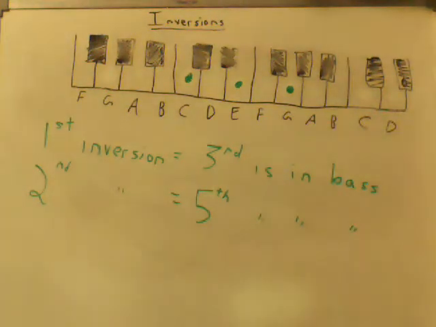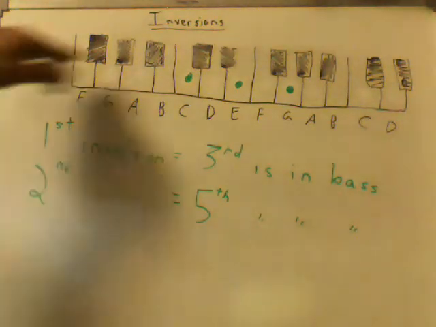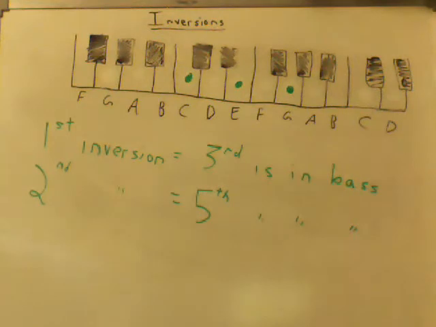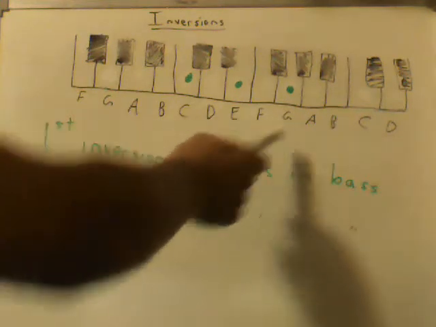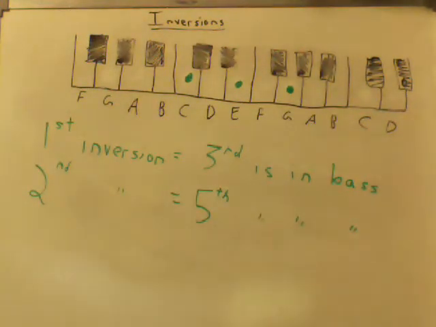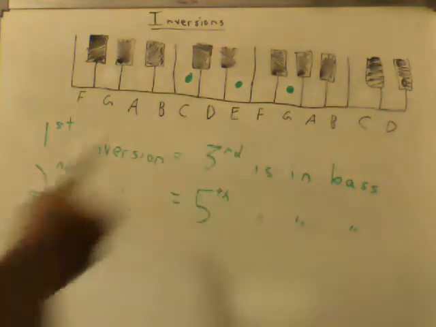Okay. So what does this mean? I have a piano keyboard. This is going to help you visualize it a little bit better. On the guitar, you have to kind of shimmy your way around a little bit. But anyway, if we wanted to make a first inversion of a C major chord, C, E, and G, the third of a C major chord is E, right here.